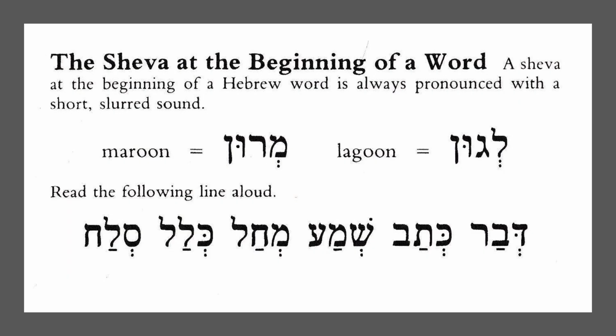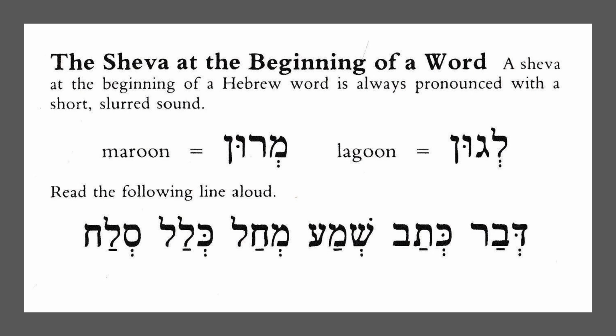So getting back to your book now, the Shavah at the beginning of a word is always pronounced with a short slurred sound or an uh sound. The examples they give are lagoon and maroon. Again, when I say that the Shavah is not a vowel, it means it's not counted as part of a syllable.